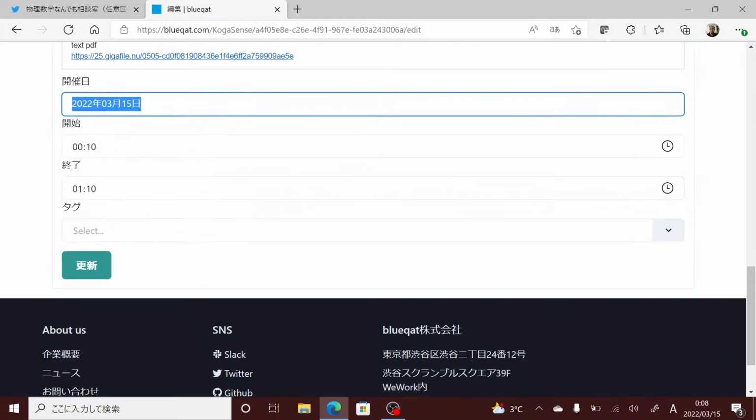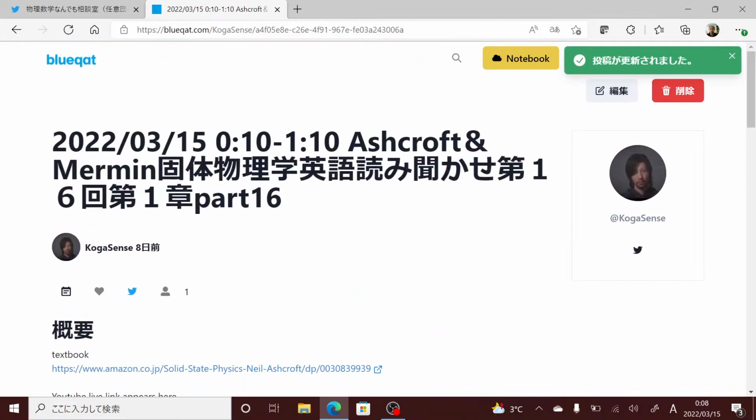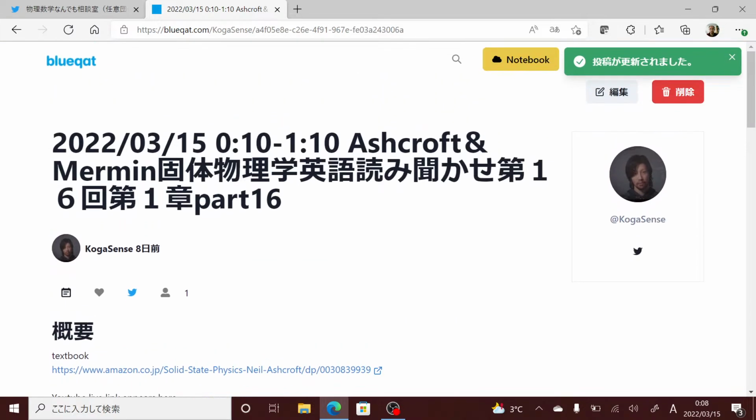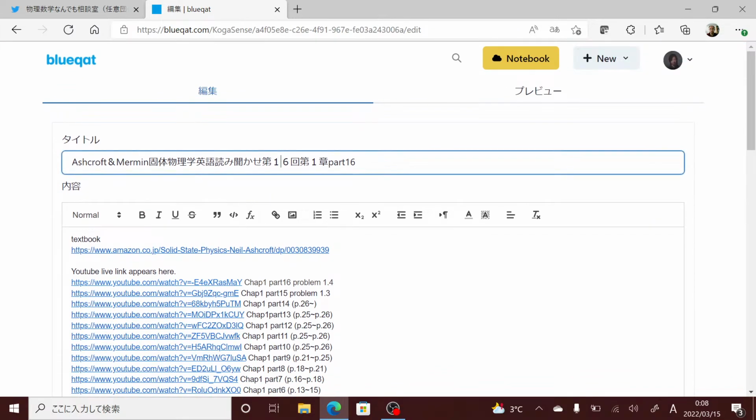The date is 15. I could set it. And this will be a 1616. I say this is 17.